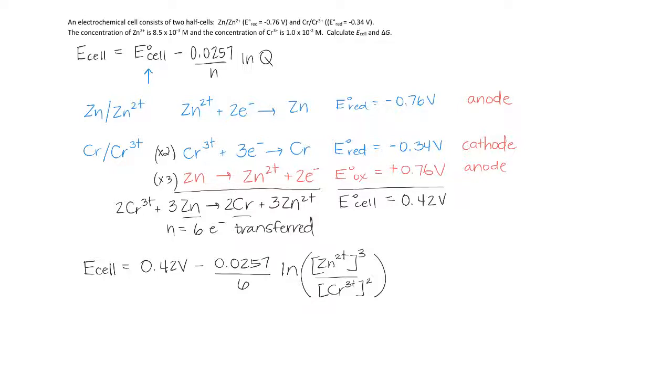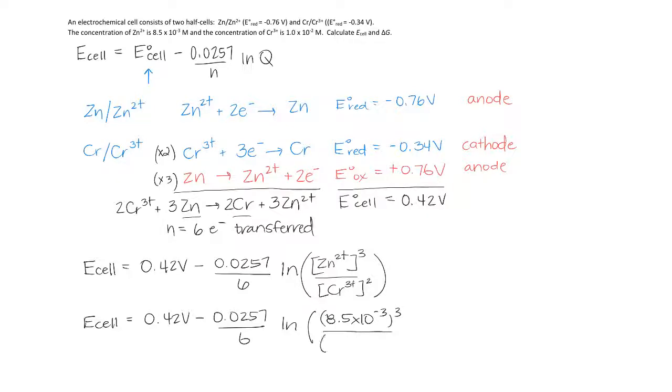I will rewrite our equation and plug in our concentrations given in the problem. So zinc concentration is 8.5 times 10 to the minus 3. Remember that that must be cubed.